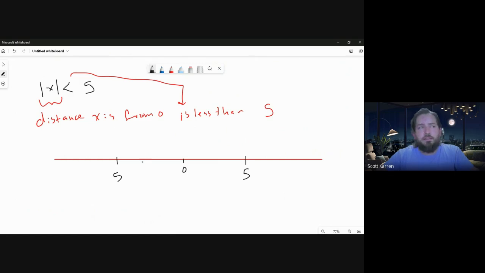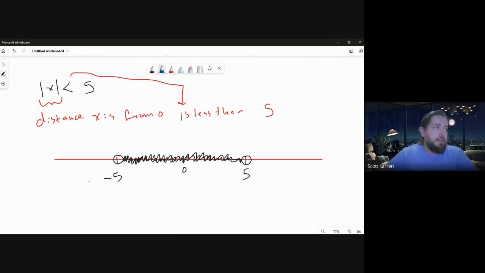That means any of the numbers that are less than 5 units away from 0 in both directions, right? So all of these guys, up to but not including 5. So I'm going to put an open circle at 5, an open circle at negative 5, right? But I'm going to include all of these guys between the two because they're all less than 5 units away from 0, right? So this is what the absolute value of x being less than something means.